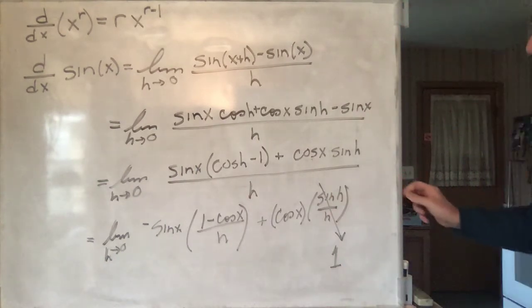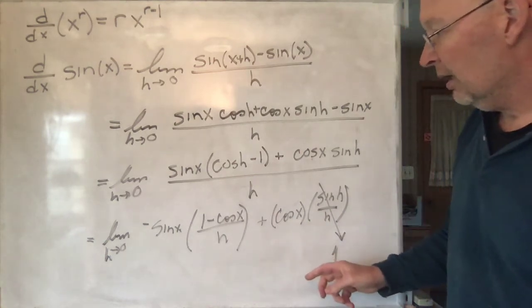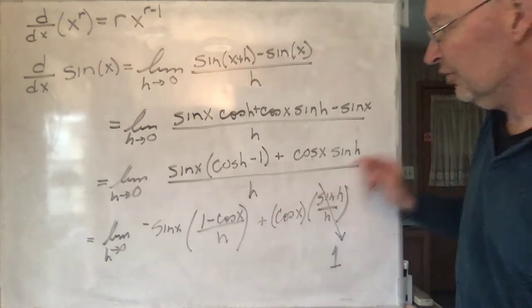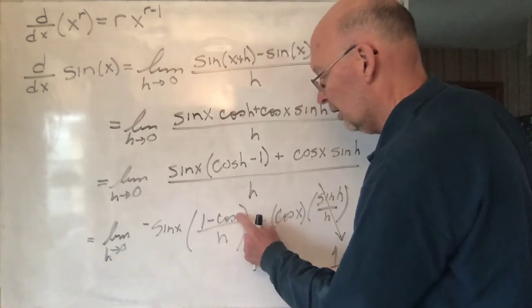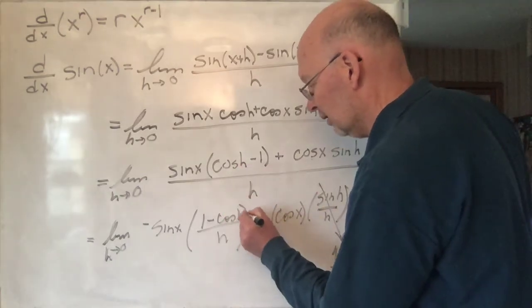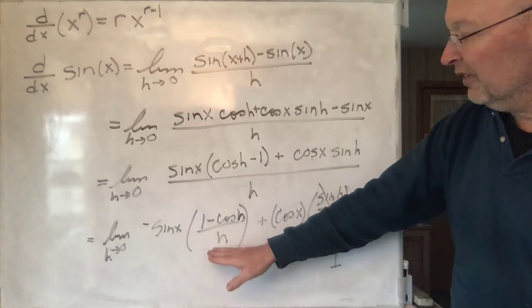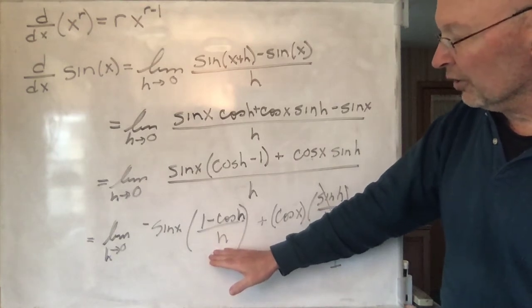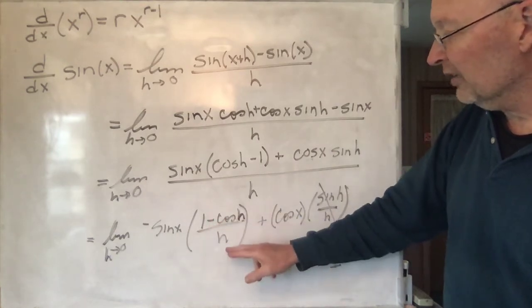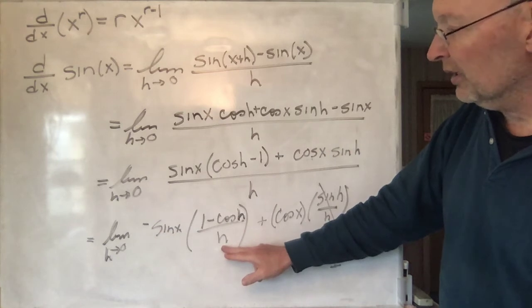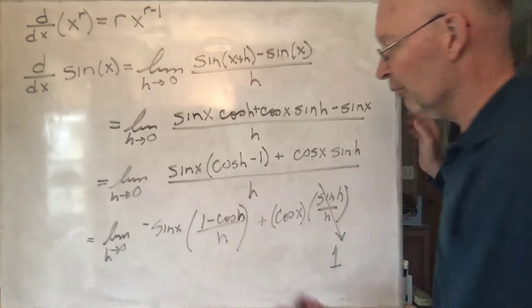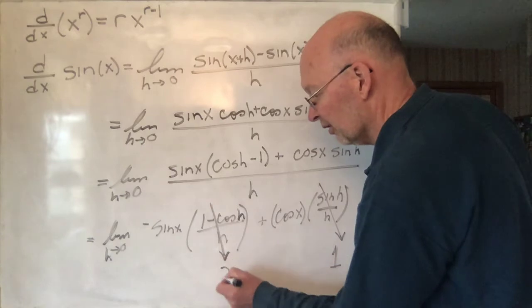So that goes to 1. And this should have been a cosine of h right there. And we also did this limit a couple lessons ago: 1 minus cosine of h over h, as h goes to 0, and we determined that that goes to 0.